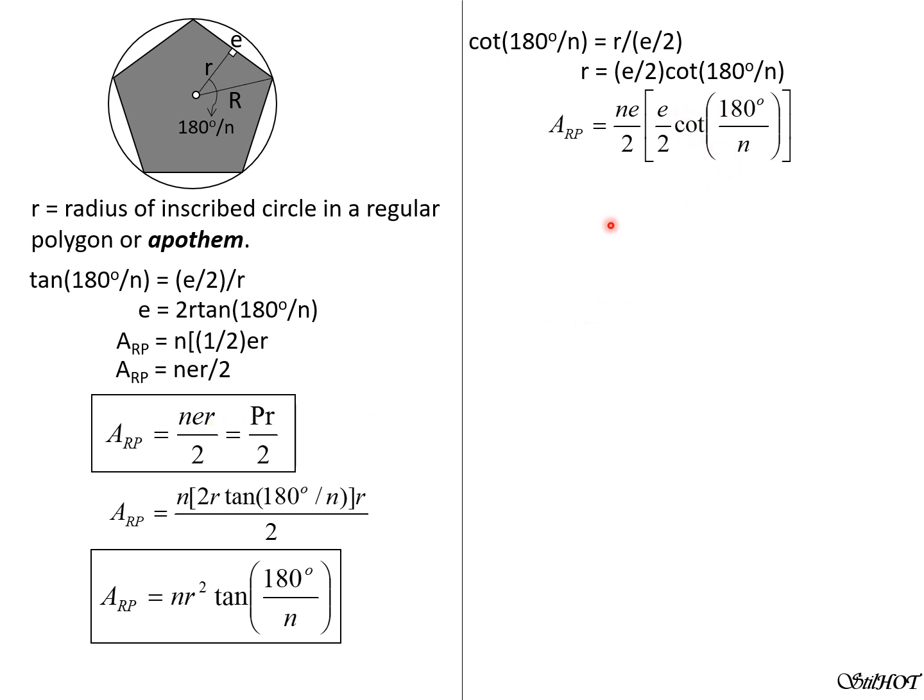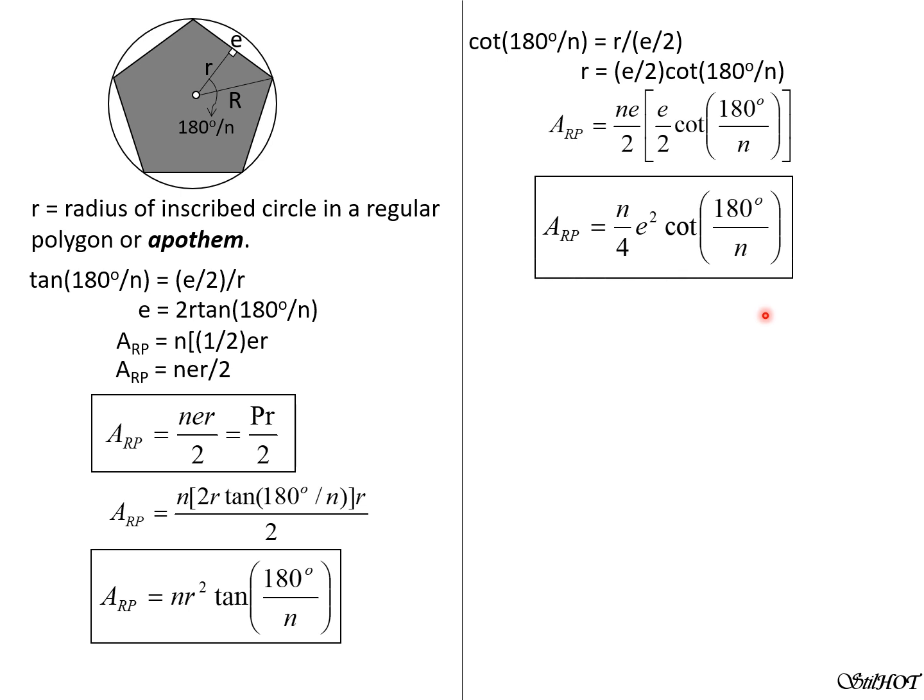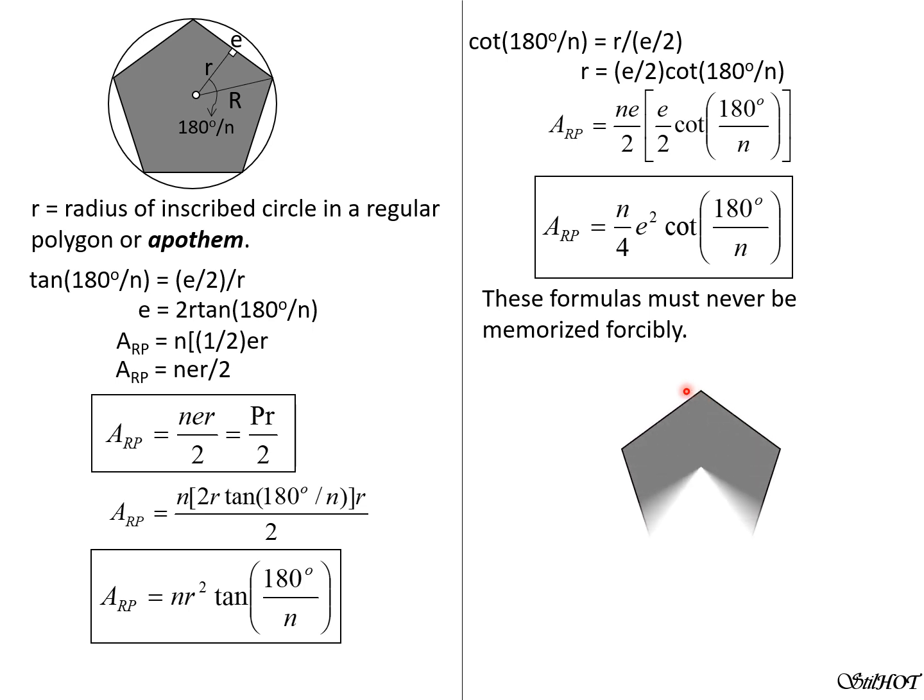So another direct formula for the area of a regular polygon in terms of the side is nE squared over 4 cotangent of 180 degrees over n. So I suggest here that you do not memorize these formulas.